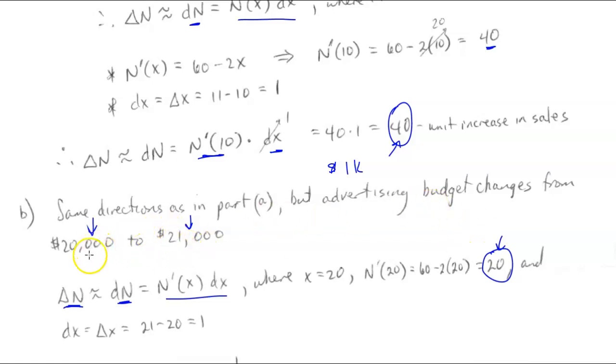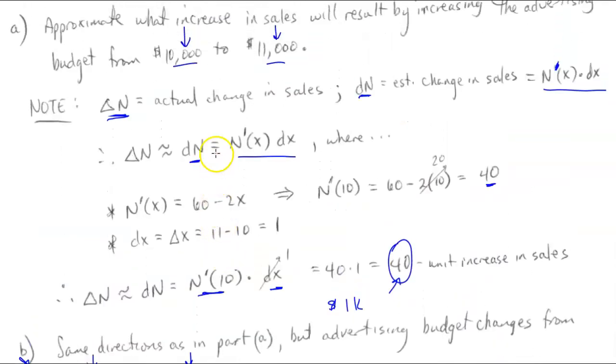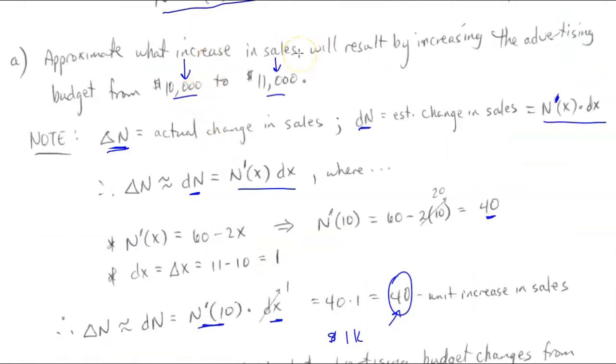So what this is telling you here for part B is that our market is starting to get saturated a bit, because for the amount of advertising that we're spending, if we increase the amount of money, let's say by 1,000, we're getting less extra units moved versus if we spend less. Okay. And again, you've got to decide, what is your goal?